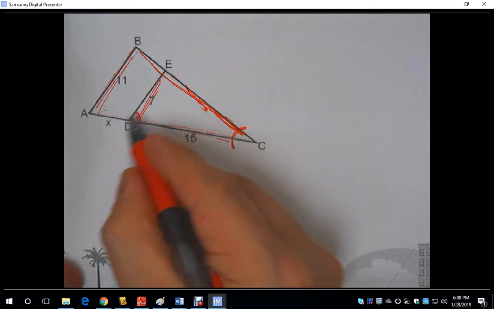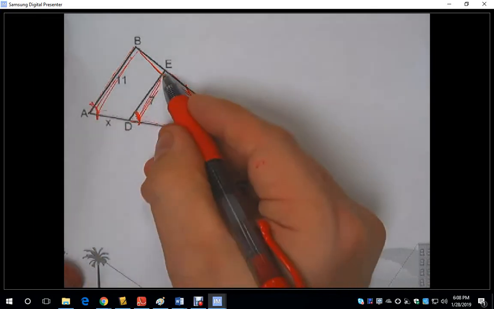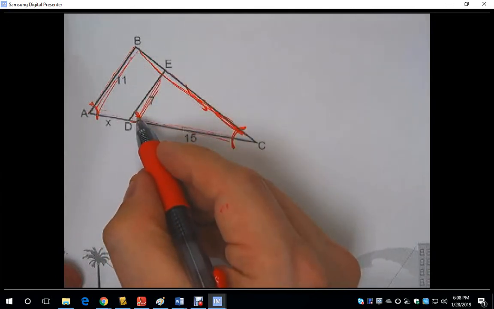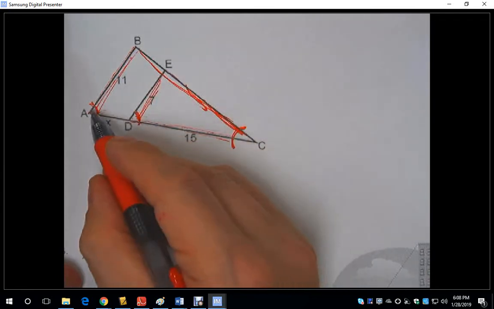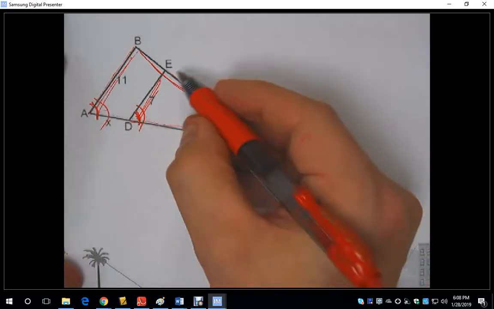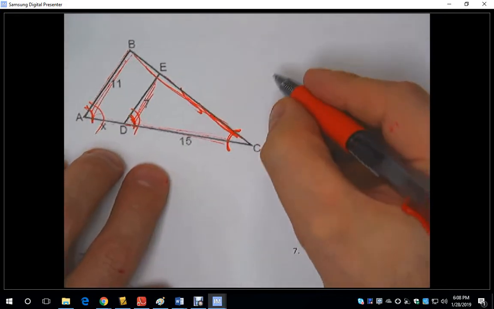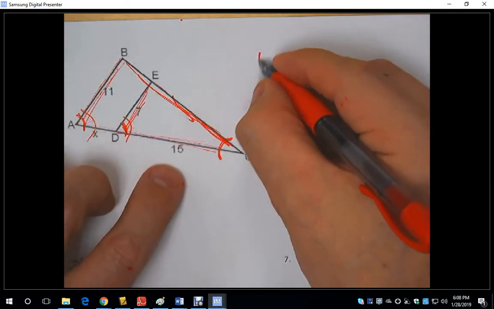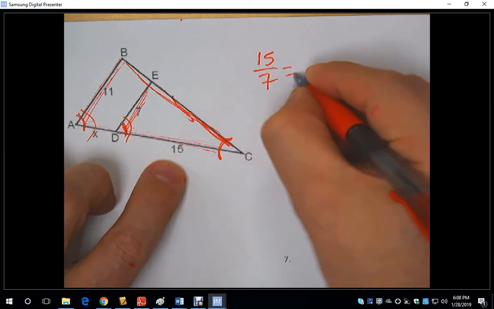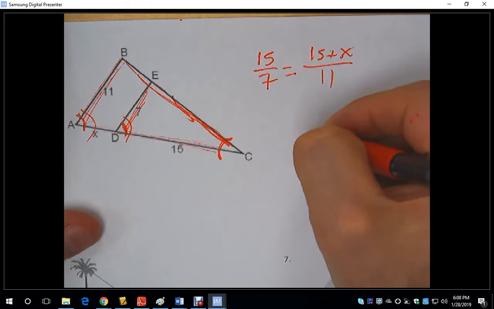These 2 angles here, if these are parallel lines, would be corresponding angles, and so they are congruent. And then the last angles have to be congruent as well. So my proportional equation is going to be 15 is to 7 as 15 plus x is to 11.